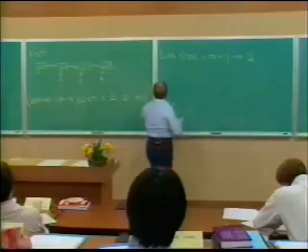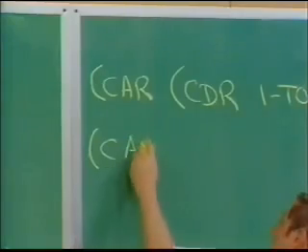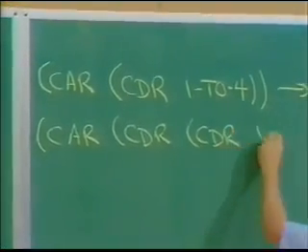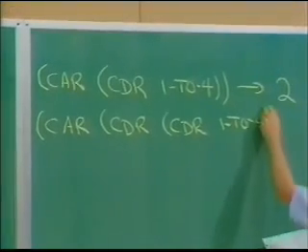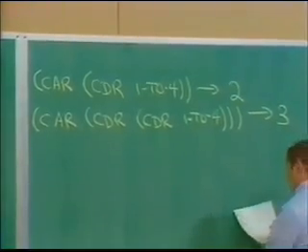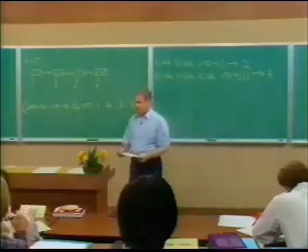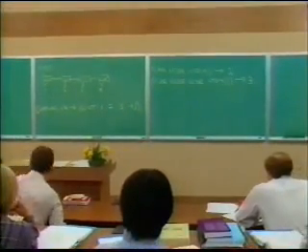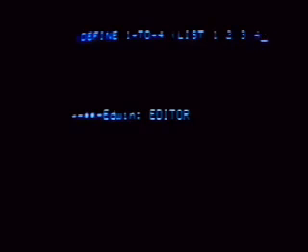And then similarly, the car of the cdr of the cdr of 1 to 4 would give me 3, and so on. Let's take a look at that on the computer screen for a second. I could come up to Lisp, and I could type define 1 to 4 to be the list of 1, 2, 3, and 4.